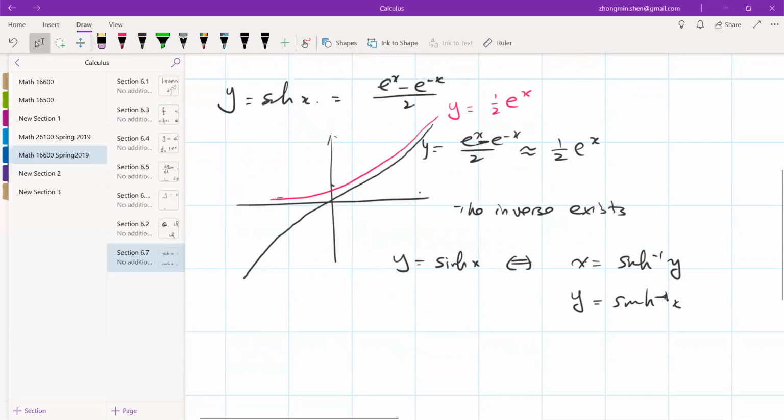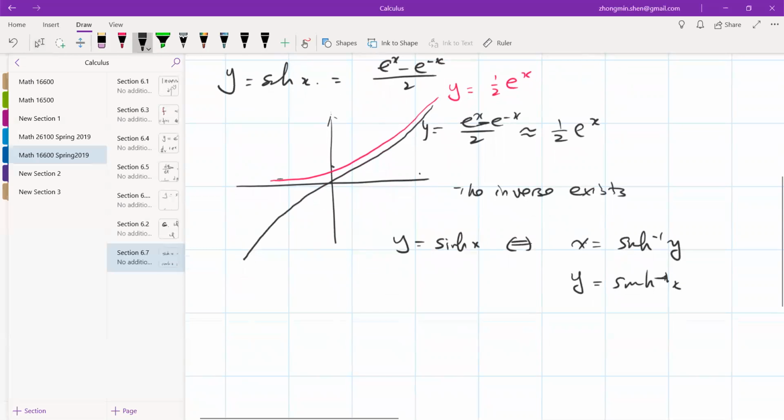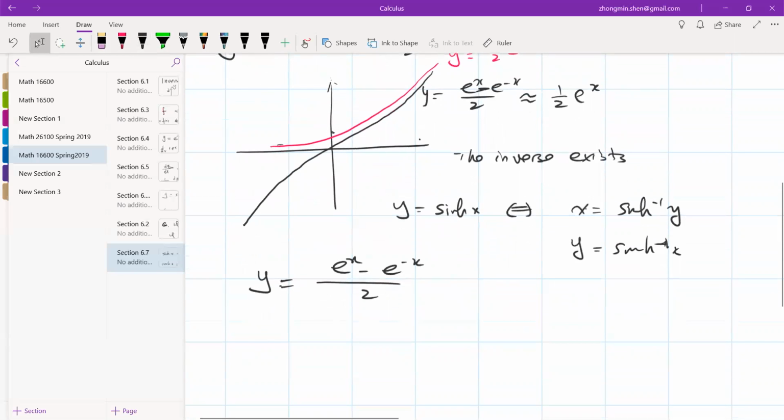So let's try to solve this equation, to find another formula for the inverse function. The idea is y equals half of e to the x minus e to the negative x. Can I solve for x? I can multiply both sides by 2.